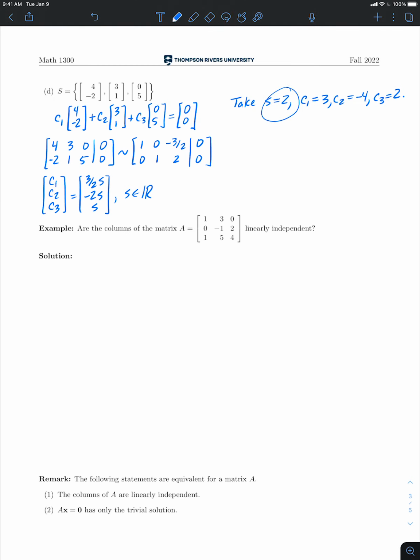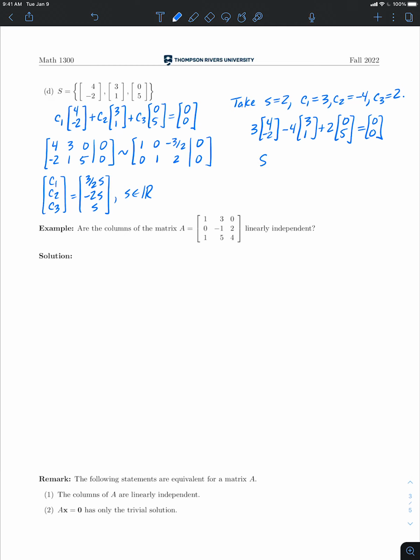I read this as a coefficient, but we actually want these as the coefficients. So we'll have 3 times the vector 4, negative 2, minus 4 times the vector 3, 1, and then plus 2 times the vector 0, 5. And that is going to give you the 0 vector. So now we have ourselves a vanishing linear combination where the weights aren't all equal to 0.